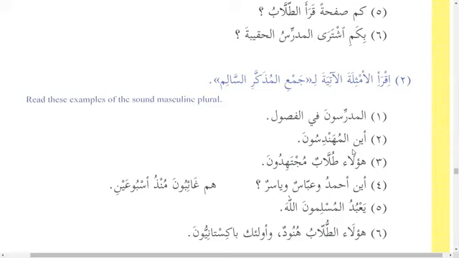There are very few exceptions where mubtada and khabar both are marfu. For example, qul huwallahu ahad. Qul is fi'l plus fa'il, Allahu is mubtada, lafz al-jalala, and ahadun is khabar. But then the second one we say Allahu as-samadu.